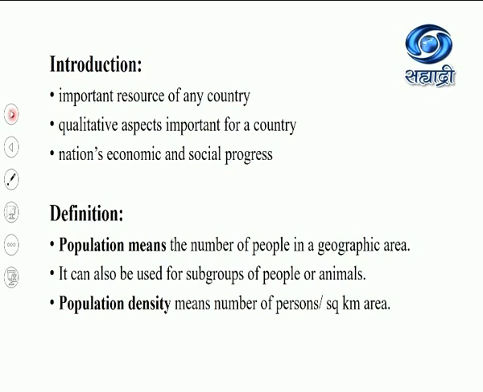Qualitative means in a country there should be number of people who are more literate, they will earn a good living, they will earn a good salary, they will pay their taxes, those taxes will be utilized for the economy of the country. And thus that becomes a quality of population in a particular country. So human resources should have a qualitative aspect which becomes very important.